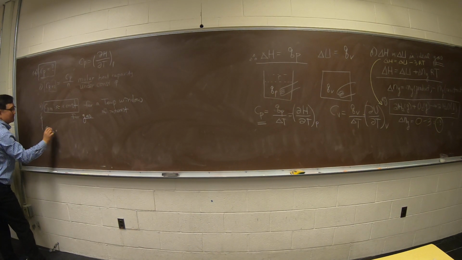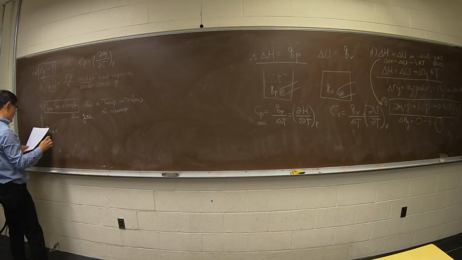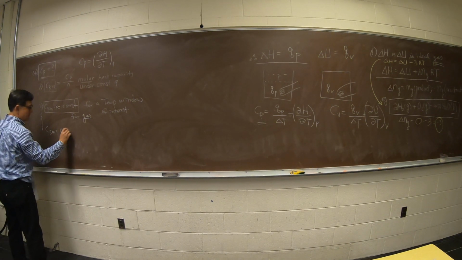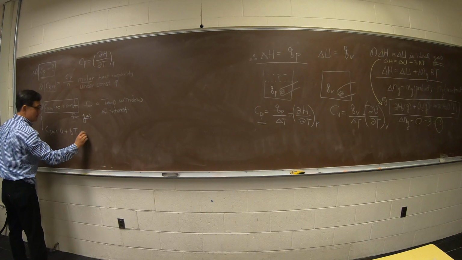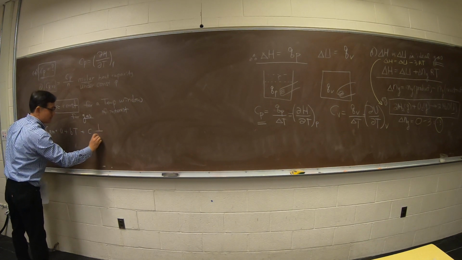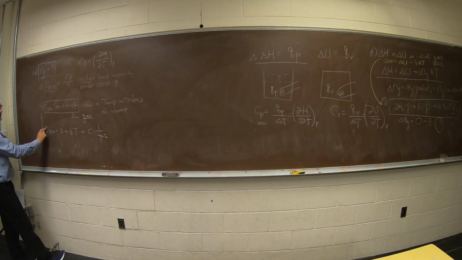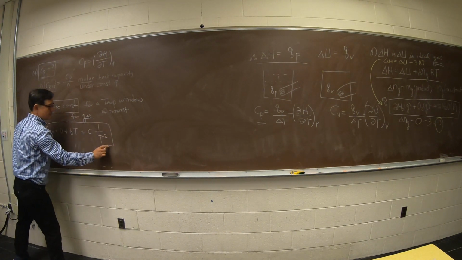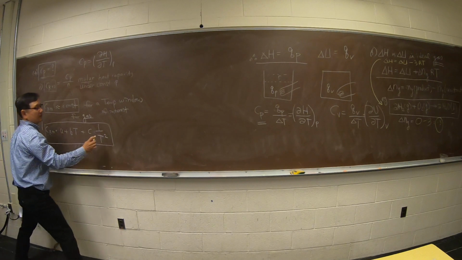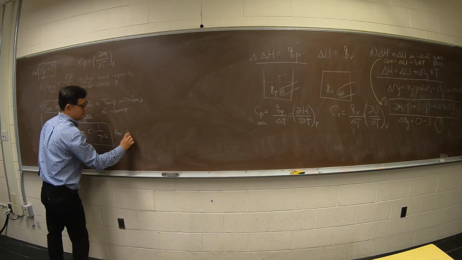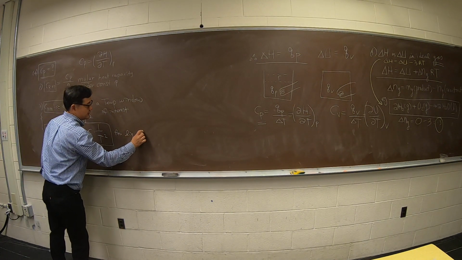CPM is actually A plus BT plus C times 1 over T squared. This equation works for liquid, solid, and so on.